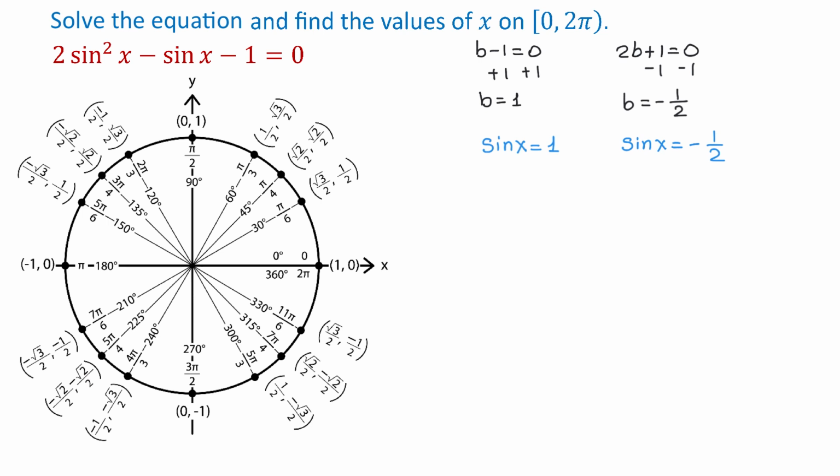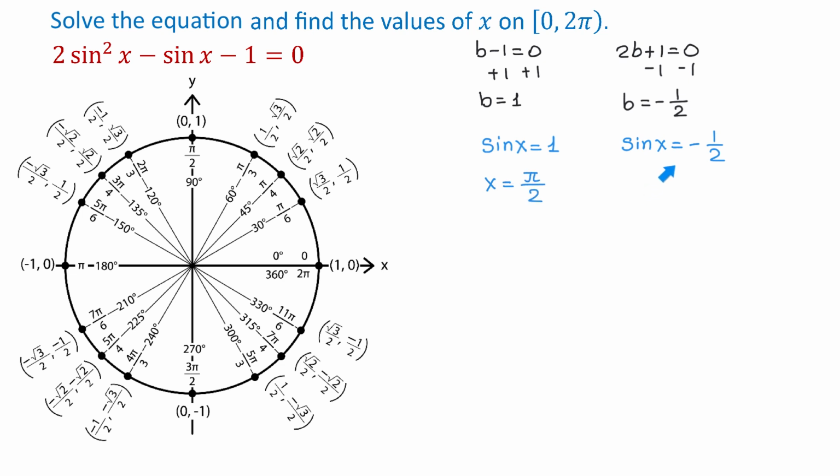Recall that on the unit circle, the first coordinates of each point represent the values of cosine, and the second coordinates represent the values of sine. And on the interval from 0 to 2 pi, sine is 1 when the angle is pi over 2. So the solution of the first equation is x equals pi over 2.